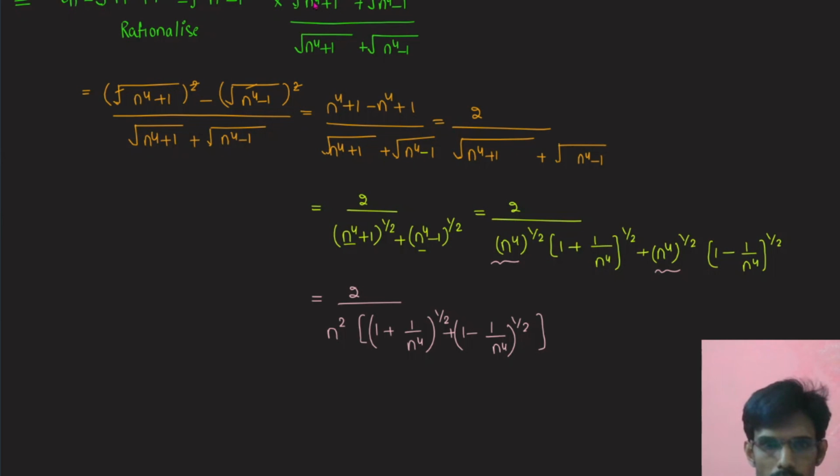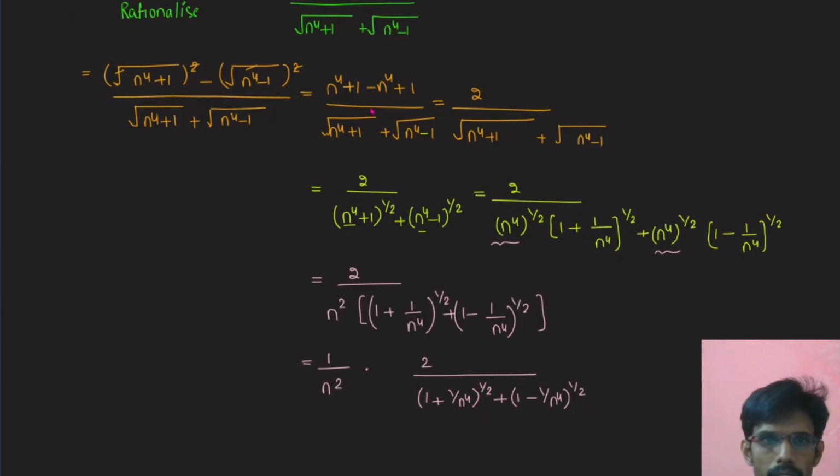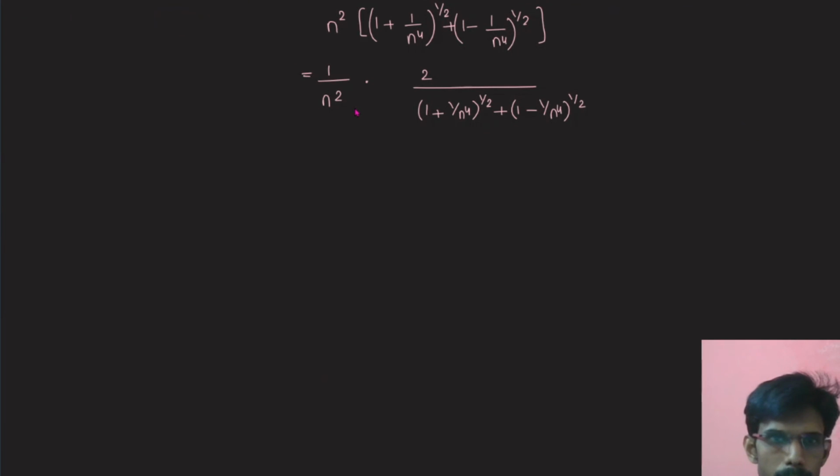So this can be written as 1 by n square into 2 upon, 1 plus 1 by n power 4 whole power of 1 by 2 plus 1 minus 1 by n power 4 whole power 1 by 2. Now this is the value of Un.